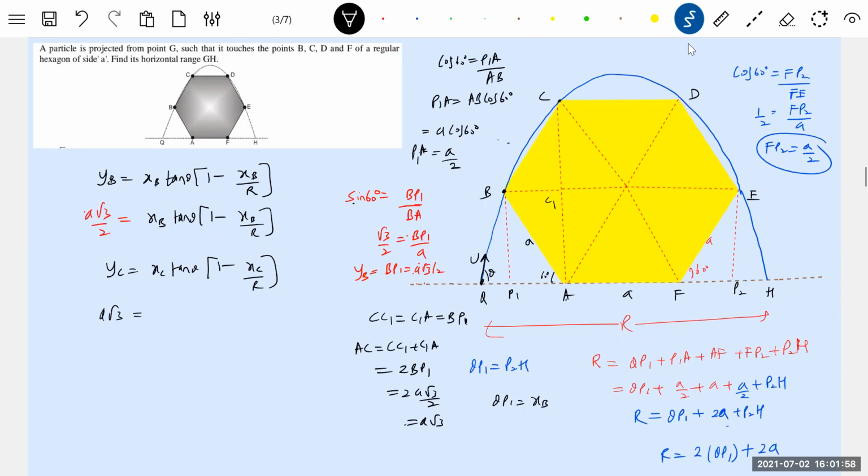This AC is nothing but YC. So XC. Can we write XC, QP1 plus P1A? One more inside also I should do some adjustment. Okay, we'll do one thing.